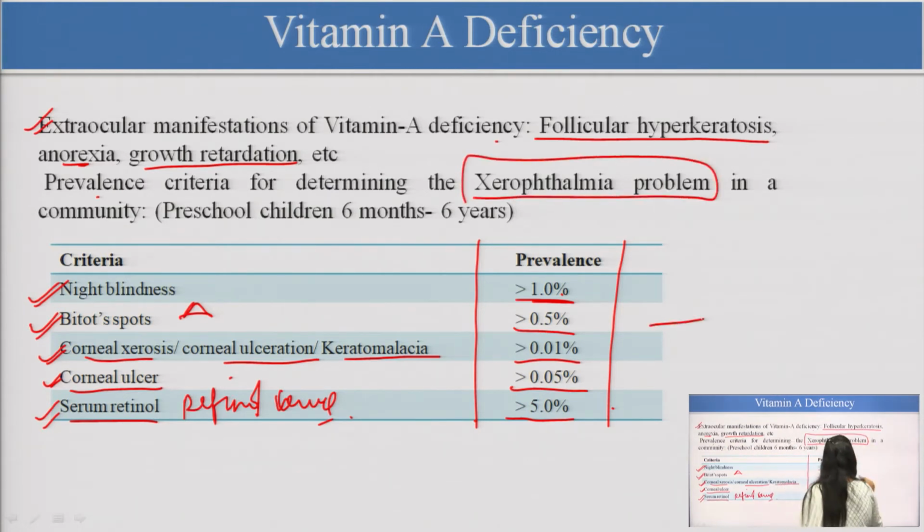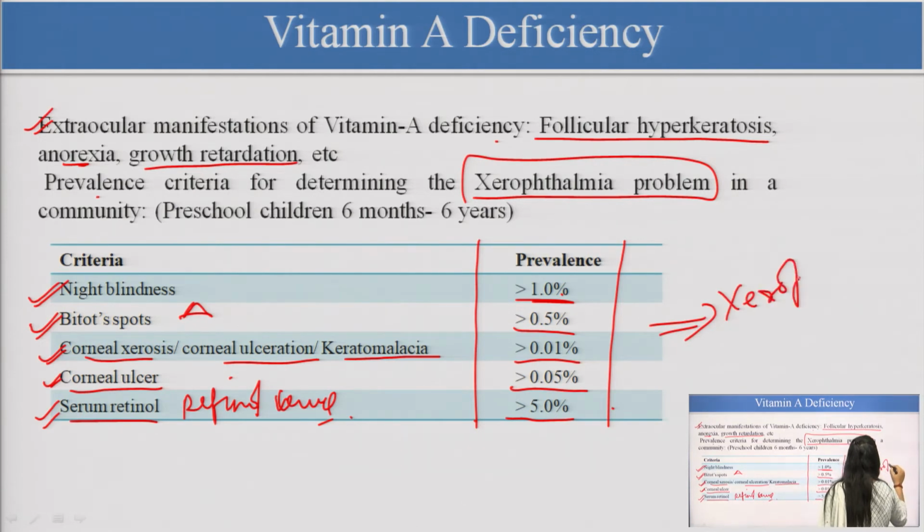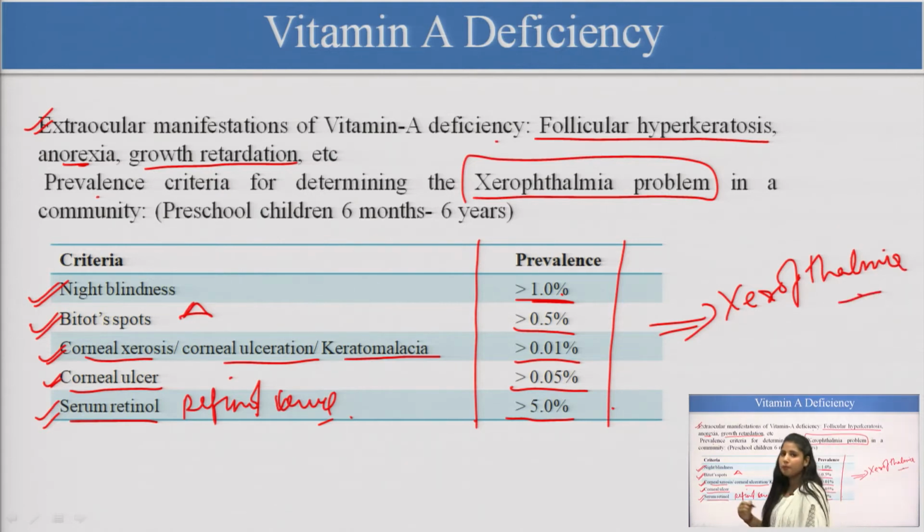Then we will declare, yes, the population is suffering from xerophthalmia. So, we should also know the prevalence criteria of these problems. Okay, what are their values? How will we decide whether the population is suffering from xerophthalmia or vitamin A deficiency or not? Okay.